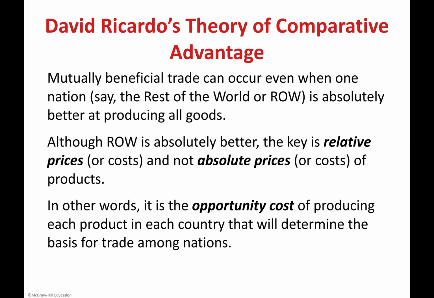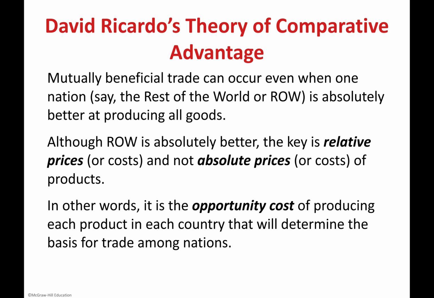In other words, and this is the way David Ricardo thought about it, you should look at the opportunity cost. So if you have a lower opportunity cost of producing something compared to someone else, then you should be the person producing that good or service. And that, claimed David Ricardo, was the basis of trade and not absolute advantage.